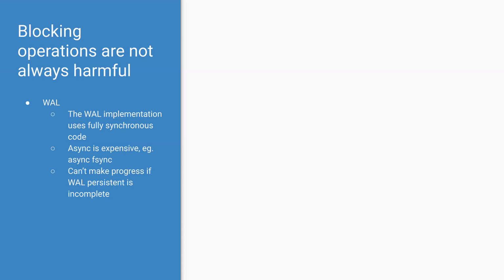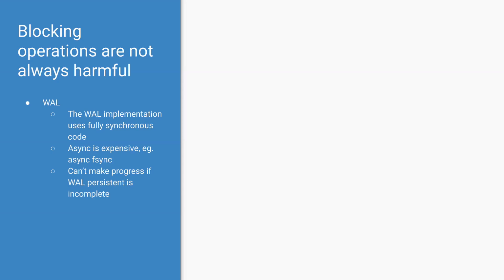And actually, we initially implemented the write-ahead log using async code, but we discovered that it was causing very high latency in fsync calls. This was due to Tokio moving the fsync operation to another blocking thread, which is very expensive.